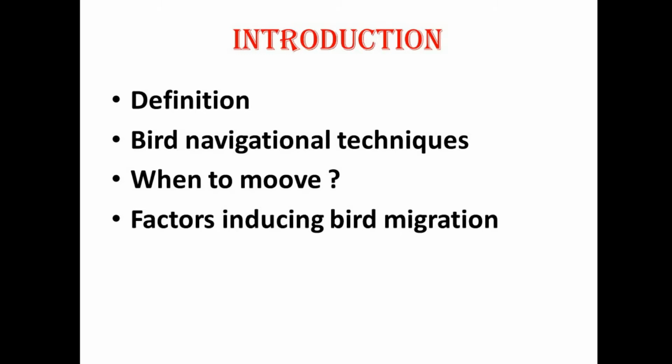As you know, migration refers to periodic round trips between breeding and non-breeding areas, and most migrations are annual, with nesting areas in the northern region and wintering grounds in the southern region.